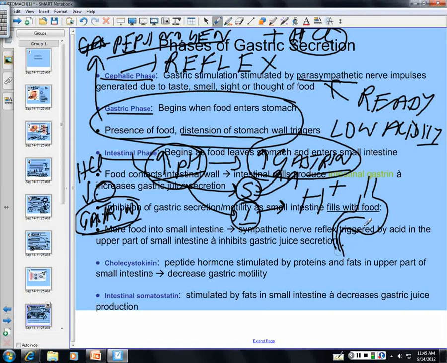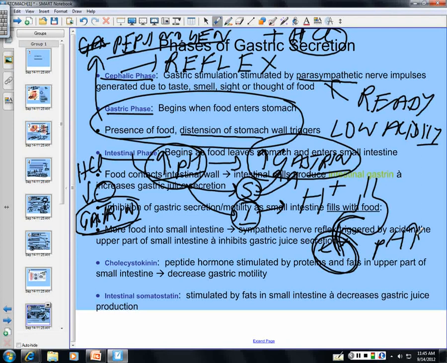Food is now entering, and it is stretching the duodenum walls. If the hydrogen ions enter and remain there, they will not allow the enzymes of the duodenum and small intestine to work, because the duodenum as well as the small intestine require a higher pH. So a break is necessary.